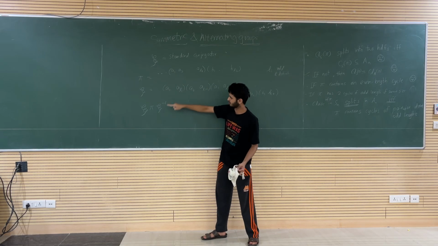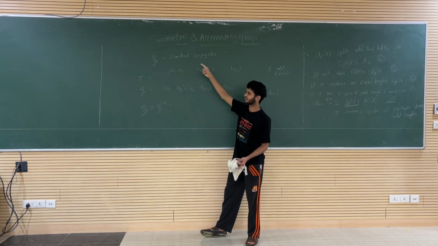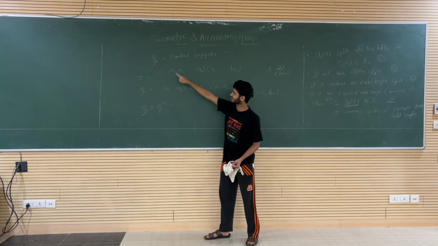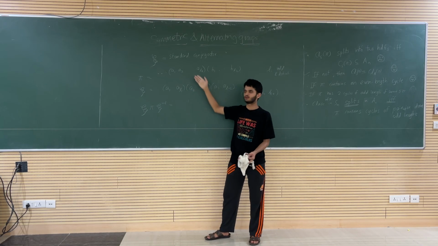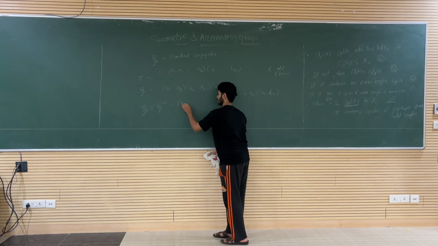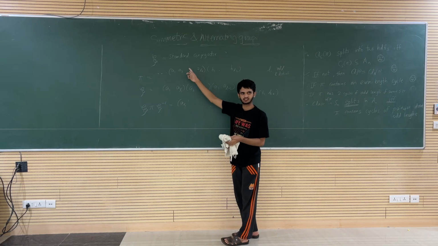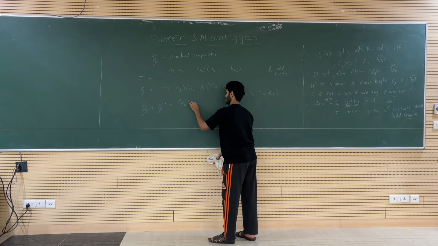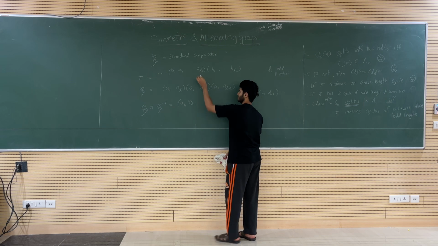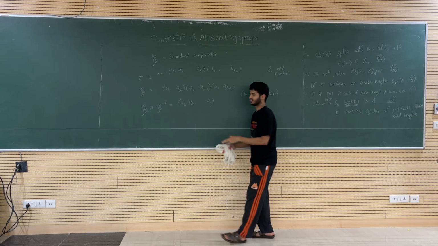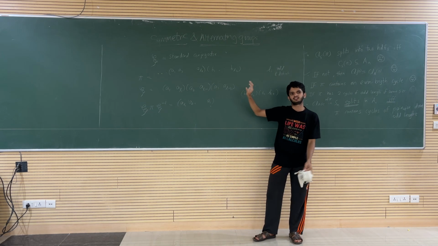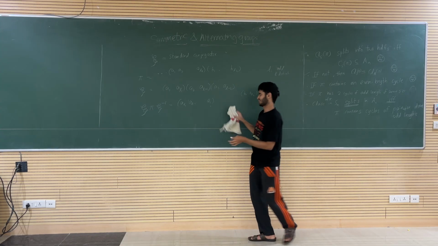Xi acting on A1 goes to xi acting on A2, goes to xi acting on the next, and so on. Xi acting on A1 is AL1, so it starts with AL1, and xi acting on A2 is AL1 minus 1, and so on. At the end, this will be A1. What is this? I just reversed the order, right? So they will be inverses of each other. Clear?